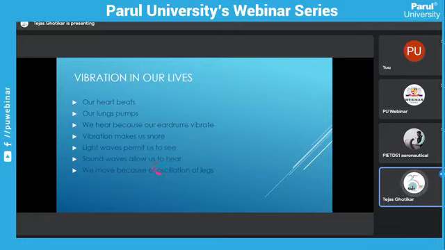Because of the oscillation of our legs we are able to walk. So everywhere we are using vibration. Wherever we have waves, it's a vibration, but in some cases we are not even able to identify that there is a vibration.